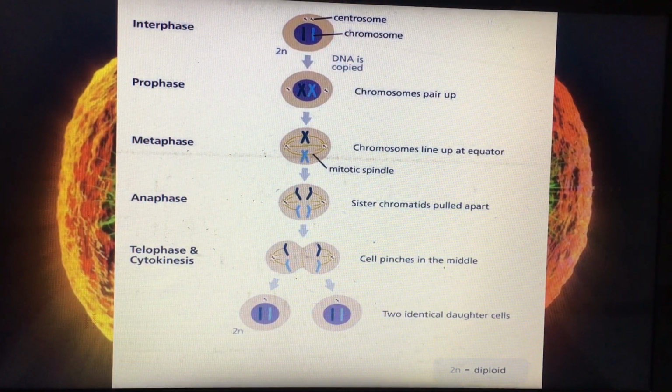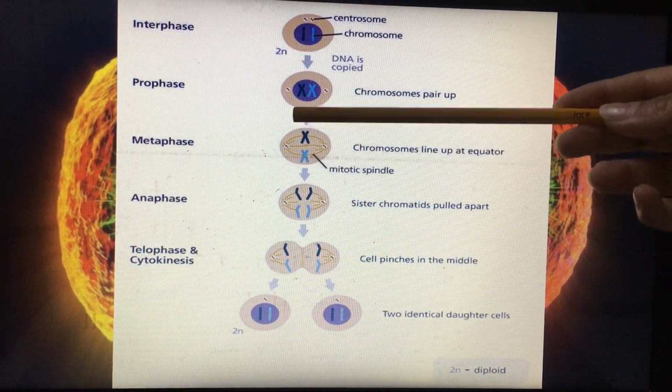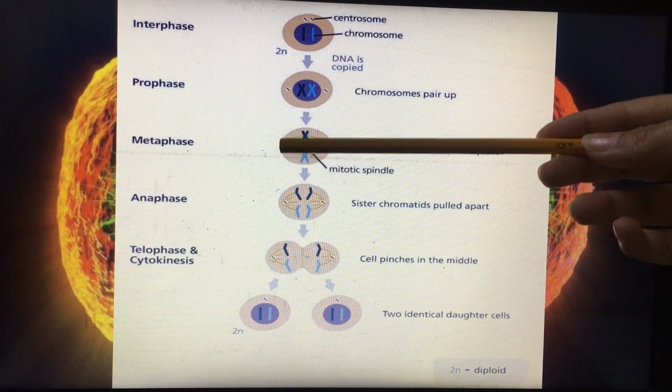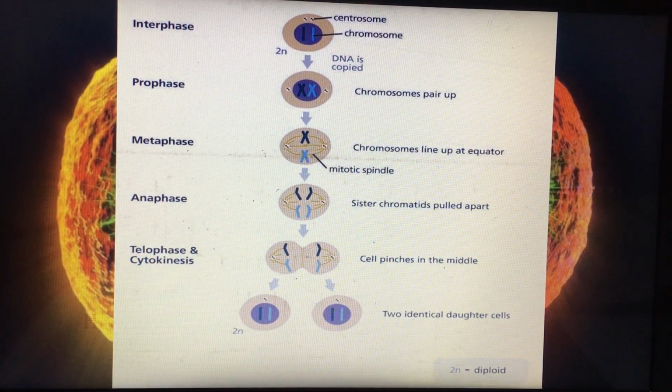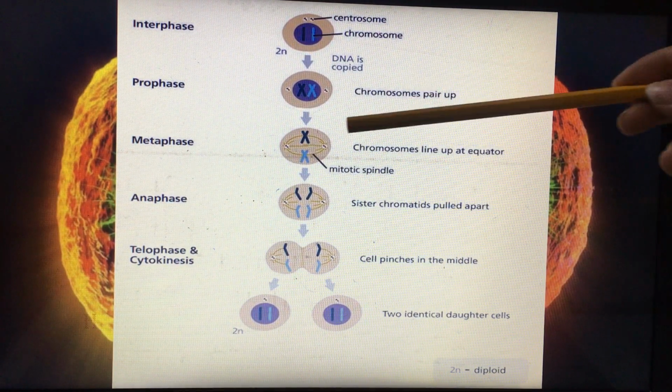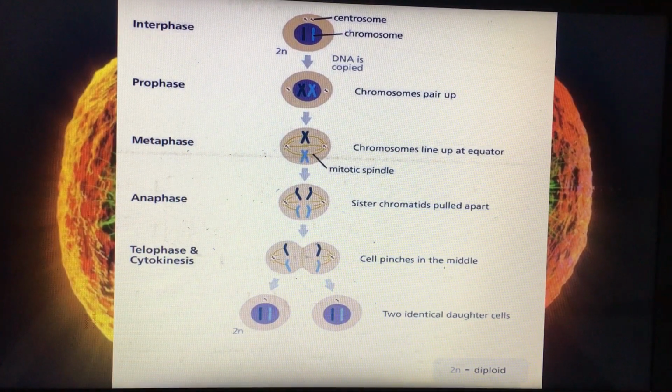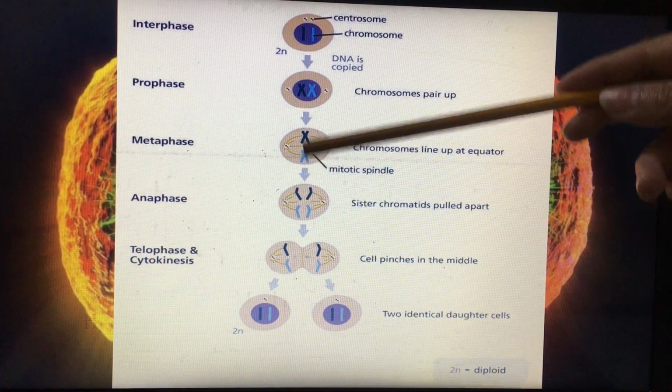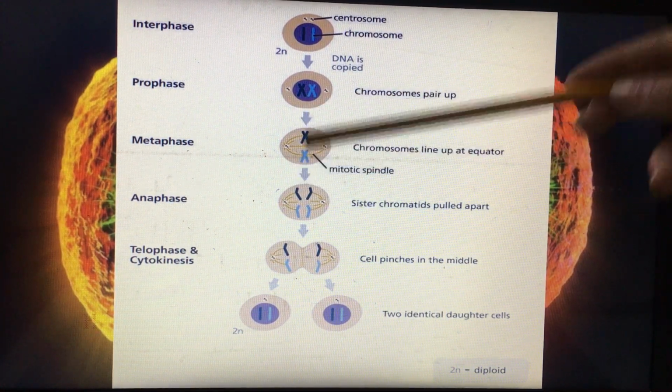Now the chromosomes are attached to the spindle, whose fibers run from one pole to the other. Now, the individual chromosomes line up at the equator, the middle of the cell.